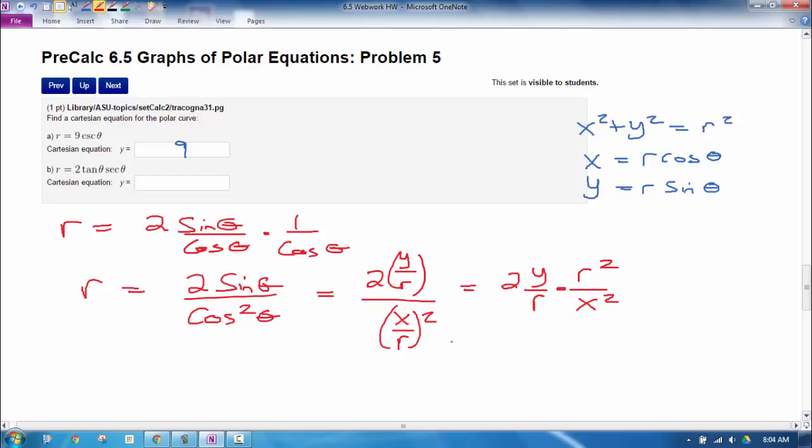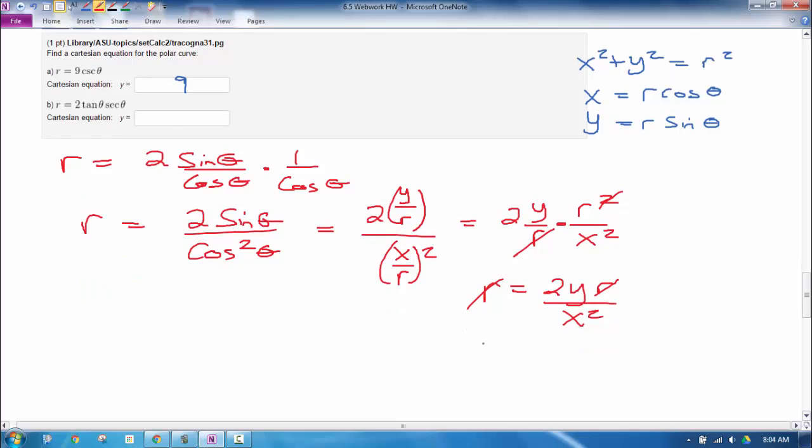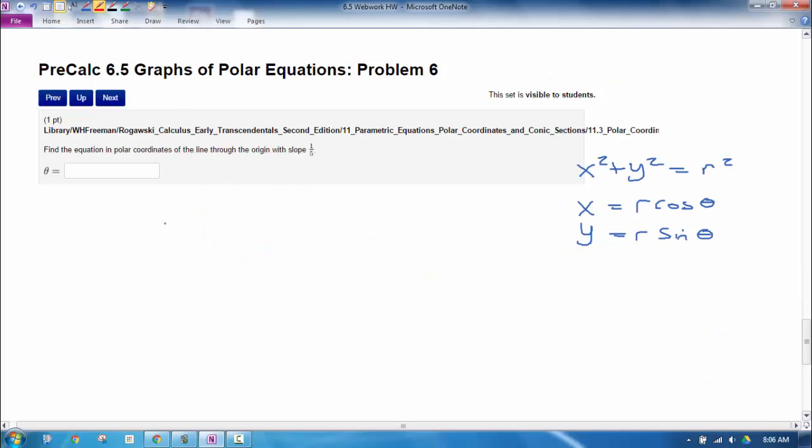And this is still r on the left side of the equation. So this r cancels with one of these, and I'll rewrite it now as r equals 2yr over x squared. These r's can cancel, leaving me with 1 equals 2y over x squared. Multiply both sides by x squared, I get 2y equals x squared, and then divide both sides by 2, and I get my equation that I want. It's x squared over 2.